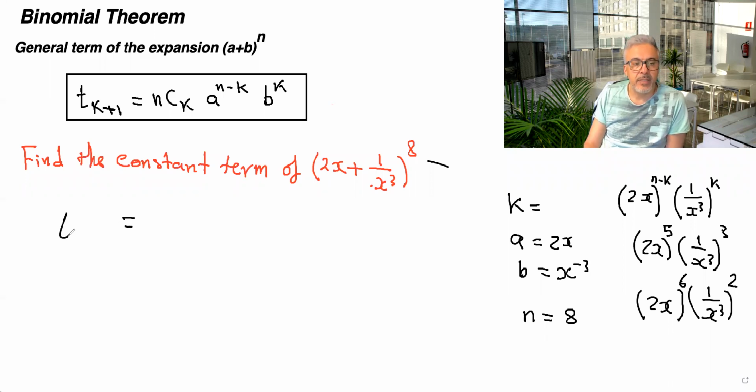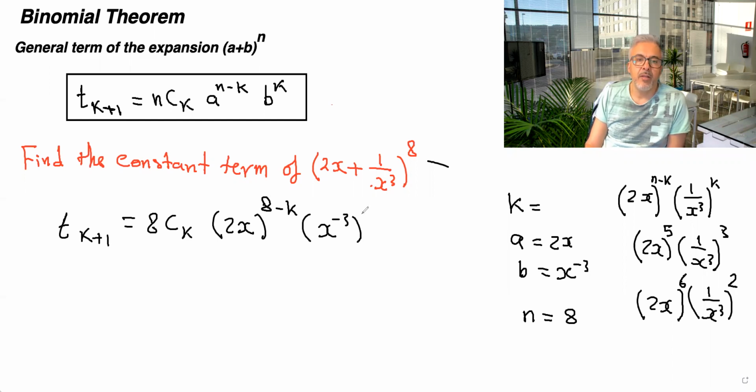So t sub k plus 1 equals 8 choose k, a, which is 2x to the 8 minus k, and b, which is x to the negative 3 to the power of k, because b has to be to the power of k. Now, for a constant term, that means x will have to have 0 as its exponent, because x to the 0 equals 1, and therefore that will end up giving you a constant term.